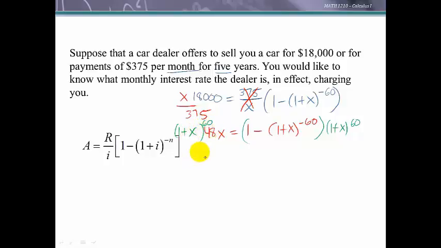That will leave us 48x times (1 plus x) to the 60 on this side, and if we distribute that through, that'll be (1 plus x) to the 60 minus, and here the exponent becomes 0, and anything to the 0 is 1, so this will be a 1.